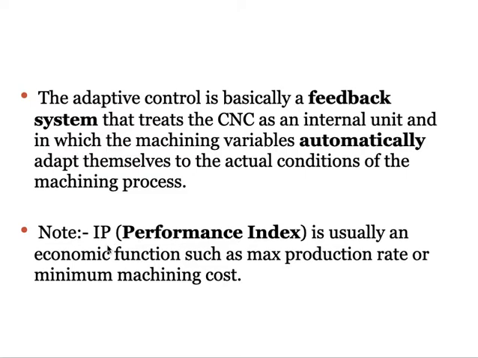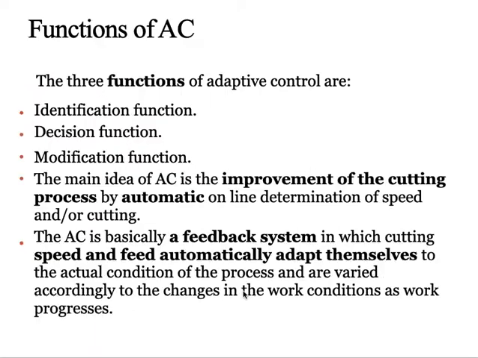The IP, that is the performance index, is usually an economic function such as maximum production rate or minimum machining cost. There are three functions of adaptive control: the identification function, a decision function, and a modification function.